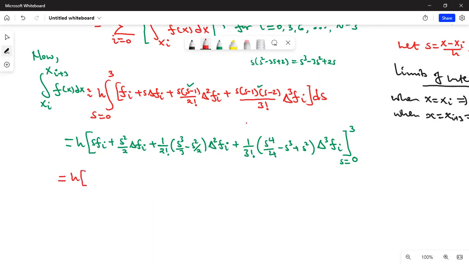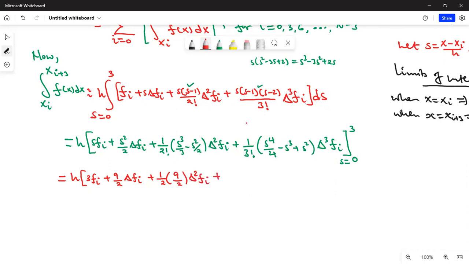We are starting with 3, so that's 3fi. 3 squared, that's 9. 9 over 2 delta fi plus is the same as 1 over 2 times 3 cubed is 27 over 3, that's 9. So 9 minus 9 over 2. That will give us 9 over 2 delta squared fi.